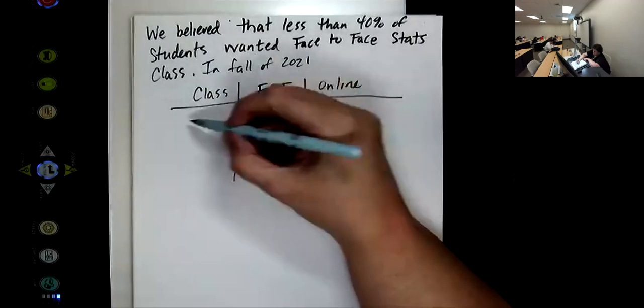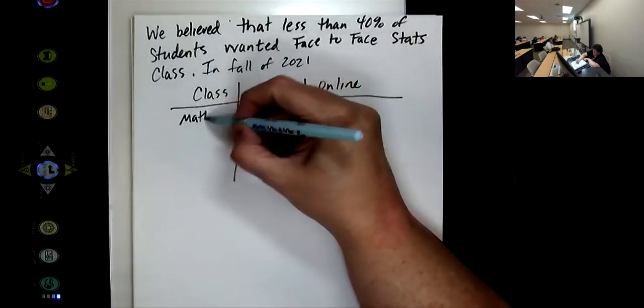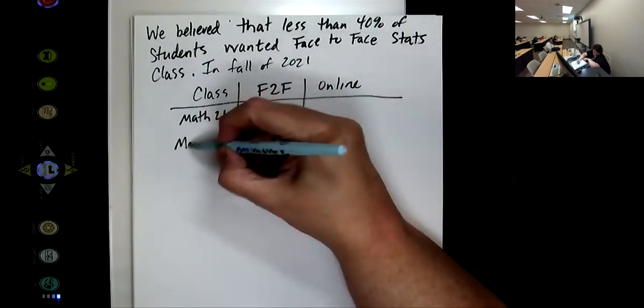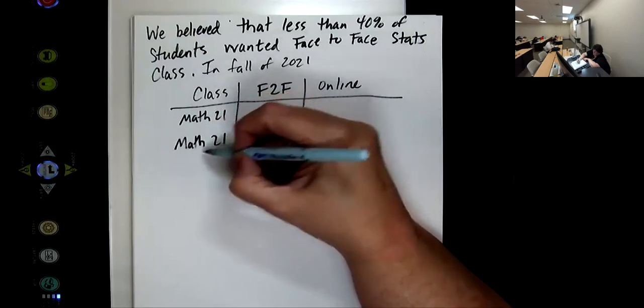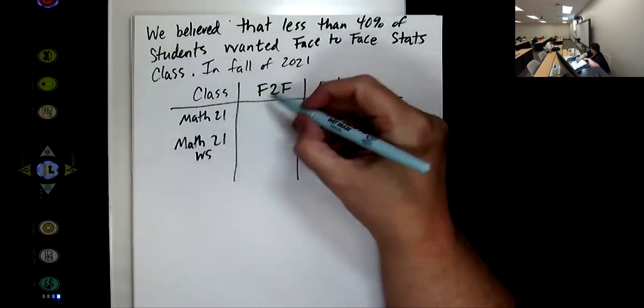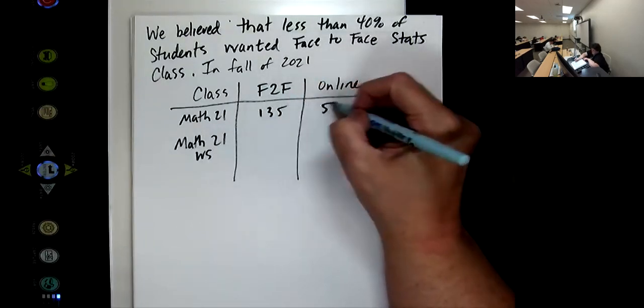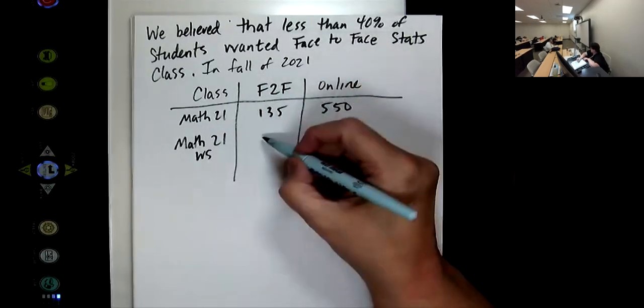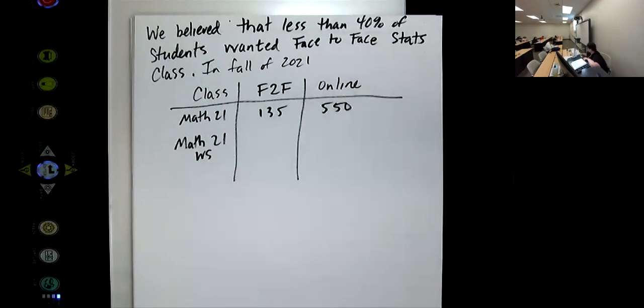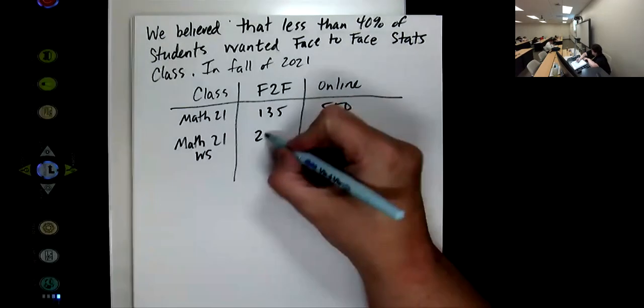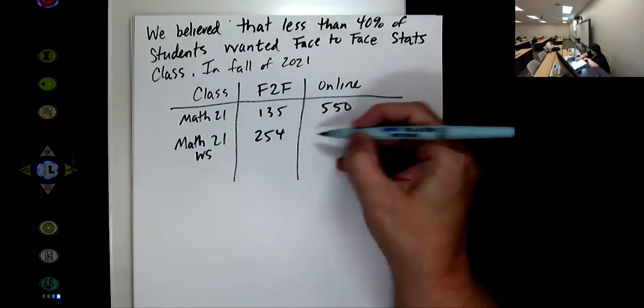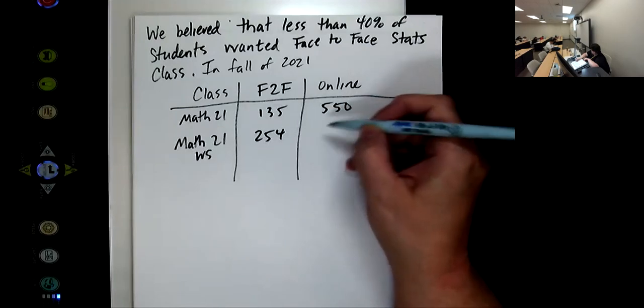We had Math 21 and Math 21 with support. These values were 135 and 550. These values were, what are they? 254 and 241.